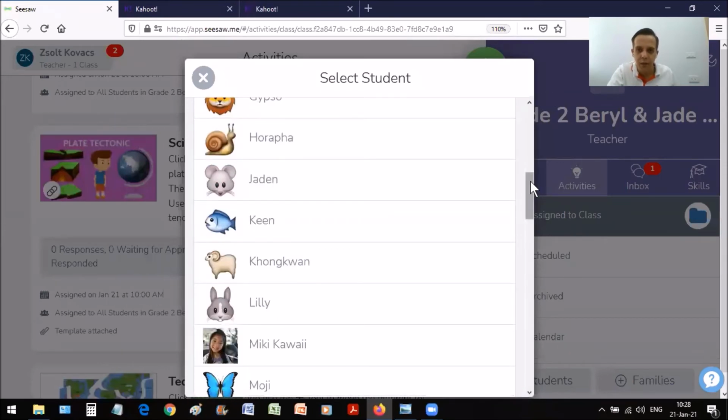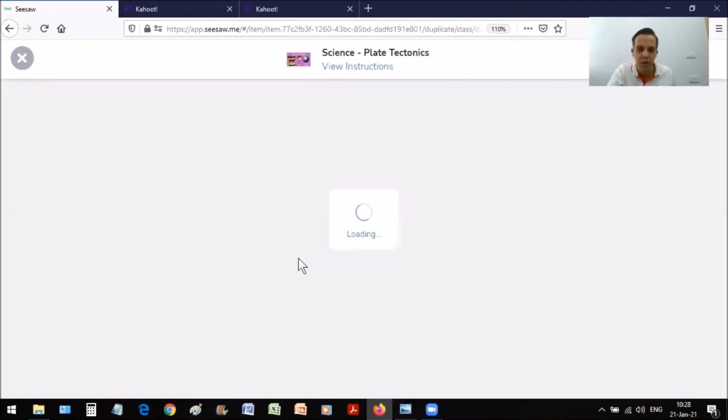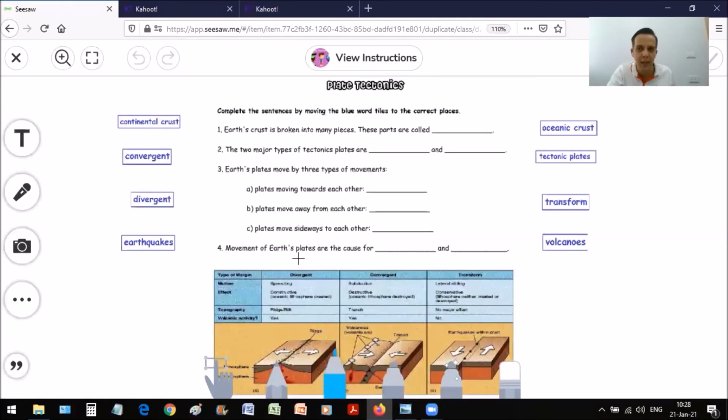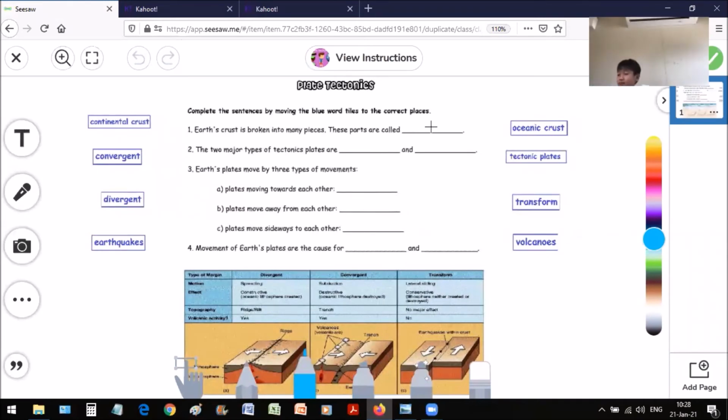And after that, you will need to put some words onto lines to complete sentences. Here you are. You can read these sentences and there is a missing word in each. So, for example, number one, Earth's crust is broken into many pieces.